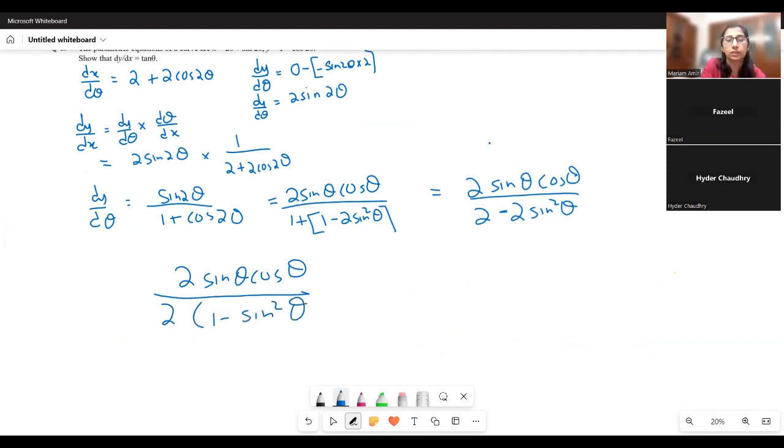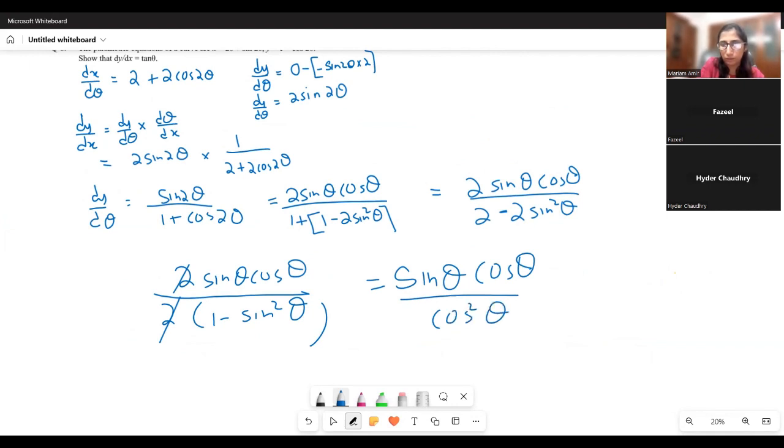One minus sine square theta. Cancel the 2 and 2. 1 minus sine square theta is what? Cos square theta. So sine theta cos theta upon cos square theta. So the square and the cos theta get cancelled. We have sine theta by cos theta, which is tan theta.